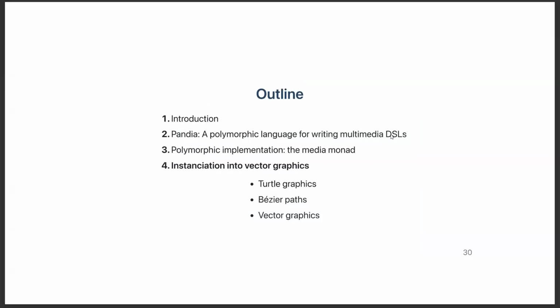So we have seen this very general kind of media monad. And now how can we instantiate it into concrete domain-specific languages? Well, you're in luck, because actually we are going to do 3 of them in a few minutes. Turtle graphics, Bézier paths, and vector graphics.